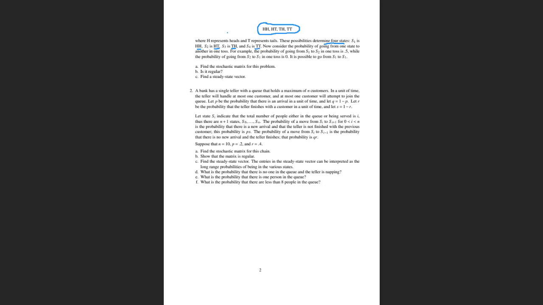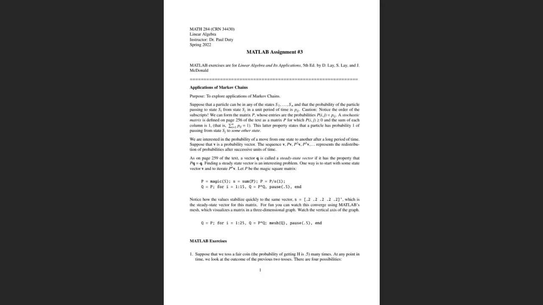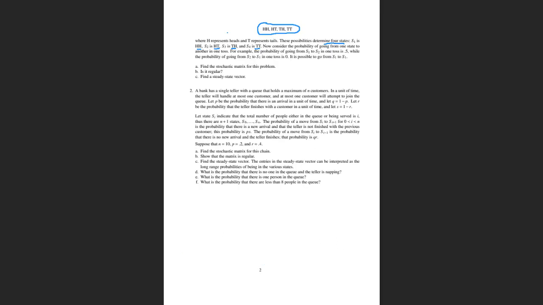So for this first exercise, the 2 tosses together form those particular outcomes.